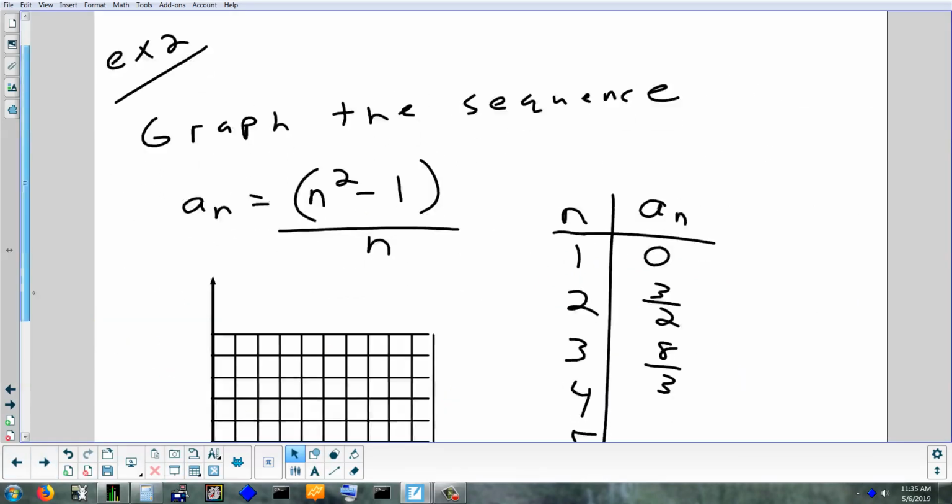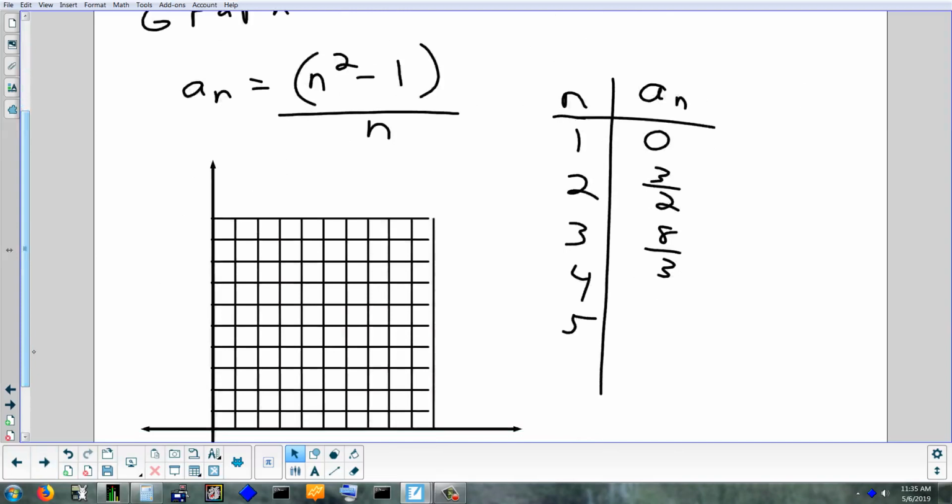Technically here the y-intercept doesn't make sense, because it would be the 0th term, and we don't really talk about having a 0th term in this kind of stuff. We'll start with the first term. So 1, 0. For 2, we're going to be at 1.5.